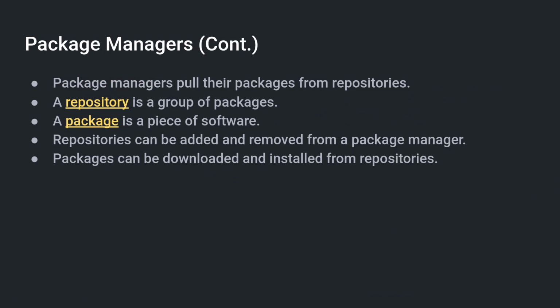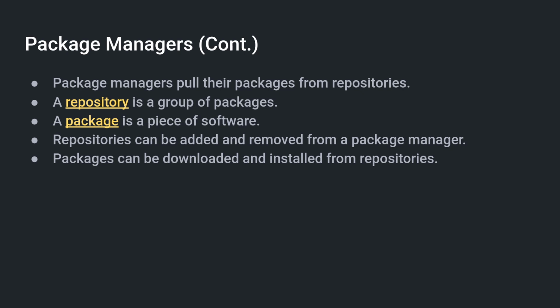Package managers pull packages from something called a repository. So what is a repository? A repository is a group of packages. You can imagine it as kind of like a Git repository, where it's a folder structure that contains different packages that you can download from.